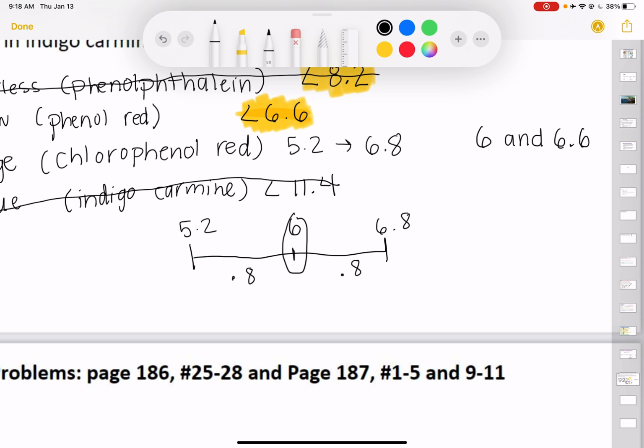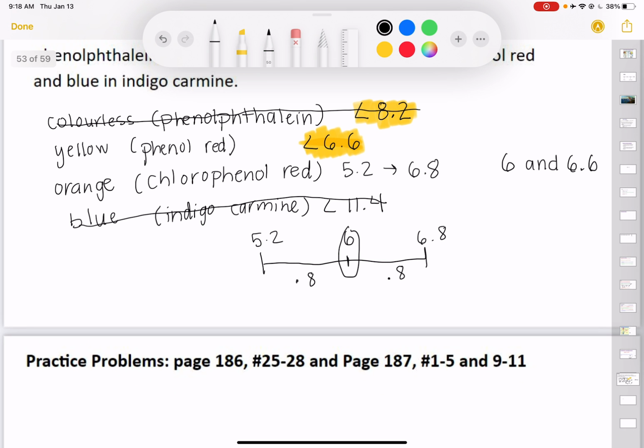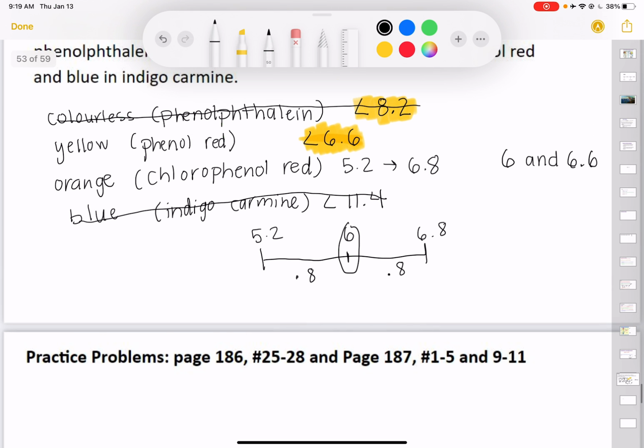That's what I would put. We don't know for sure that it's 6 right on the dot, but we know that it's in that orange range, so it is in between the red and yellow. Maybe if you were to look at how dark that orange is, you might be able to narrow it in a bit more, but really we just know it's in that range. Okay.